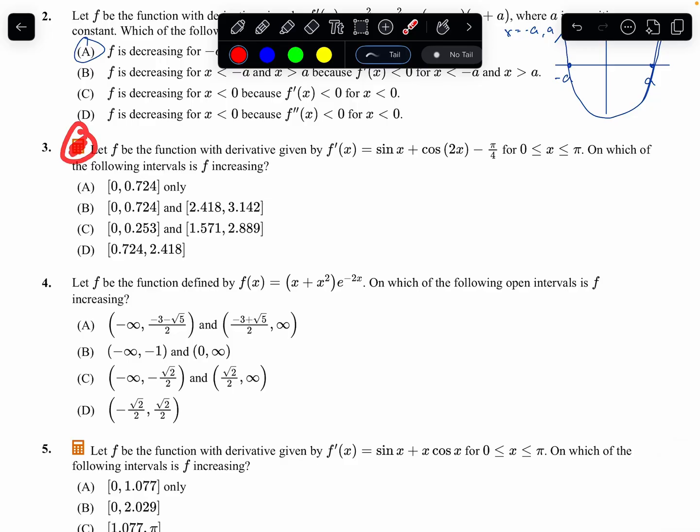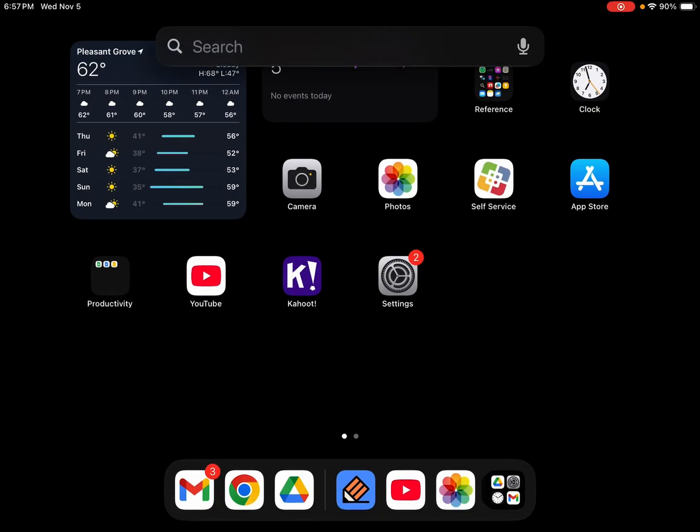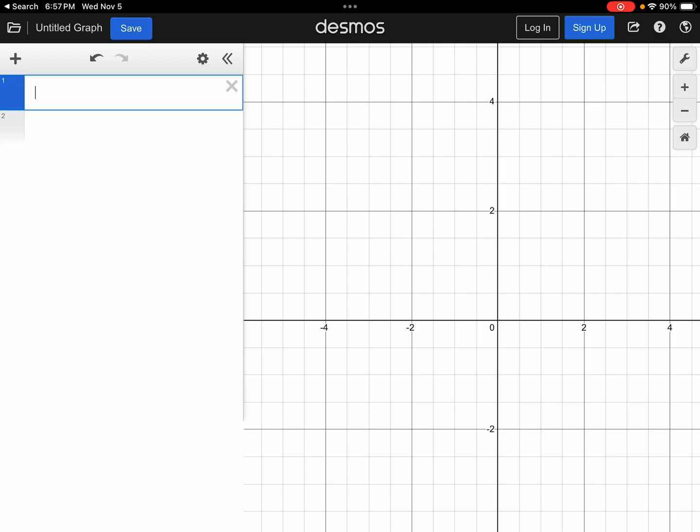All right, for 3, nice, I see a calculator. So let f be the function given here with the derivative of f prime of x. We're given the derivative f prime, and that's what we're going to graph into Desmos. So we'll go into Desmos, and let's go ahead and graph that.